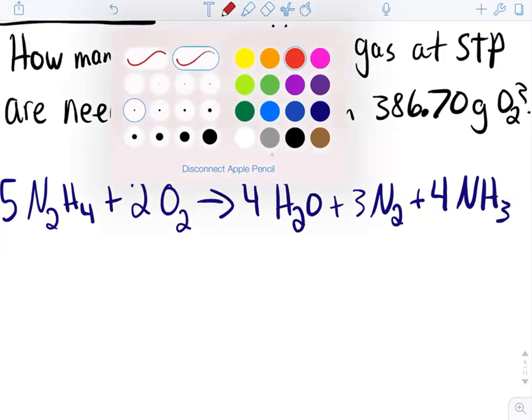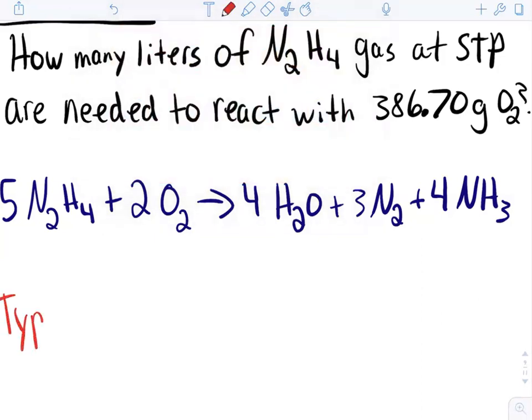Now, for the type for this one, we've not seen anything that has 3 products, but we're going to go with the fact that this is a double replacement. The reason why is because some of the H's go with the O, but then we also have some of the H's that go with the N, and then they break up.